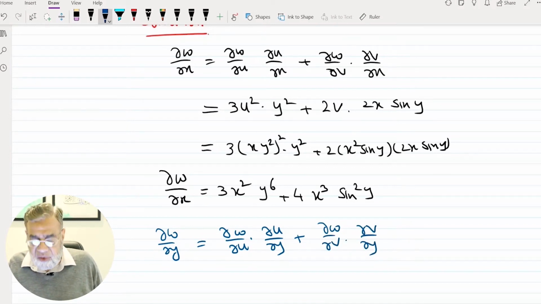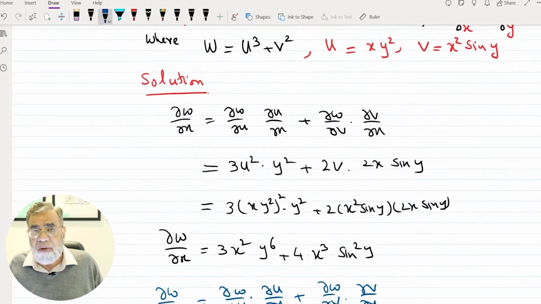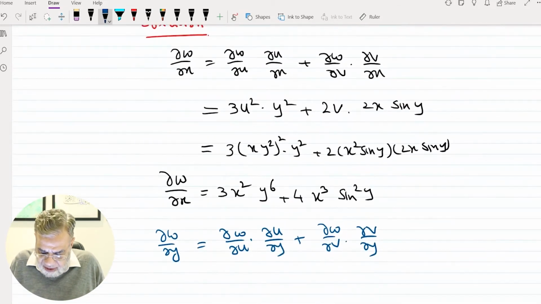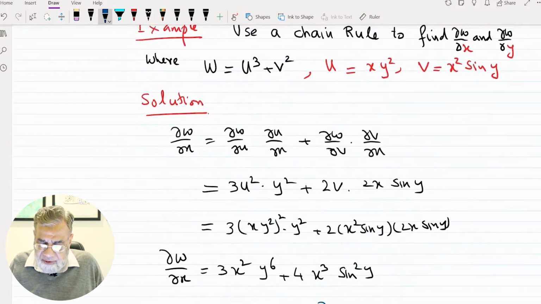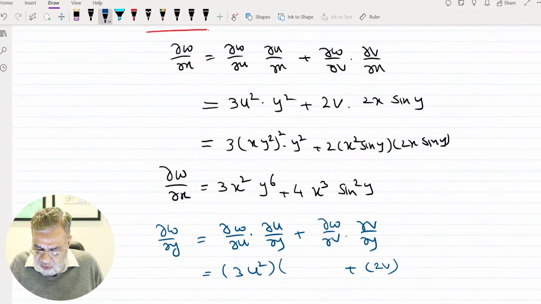Our w is equal to u cube plus v square, and partial w by partial u will be equal to 3u square plus 0, and partial w by partial v will be equal to 2v plus 0. So we can write this is equal to 3u square, and then plus 2v, and now partial u by partial y. u is xy square, x is constant, y is changing with 2y. We get here 2xy.